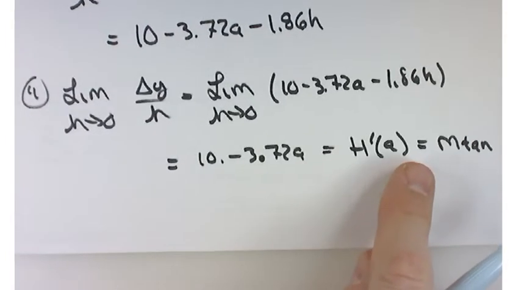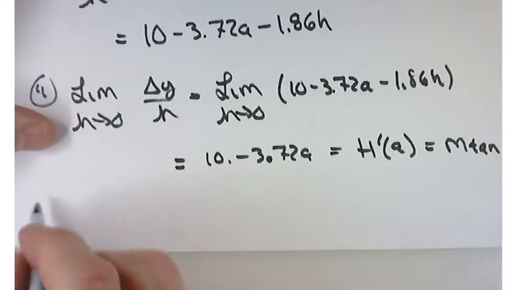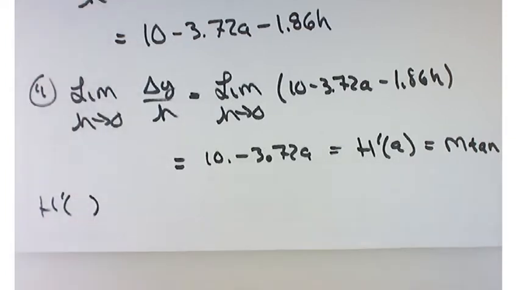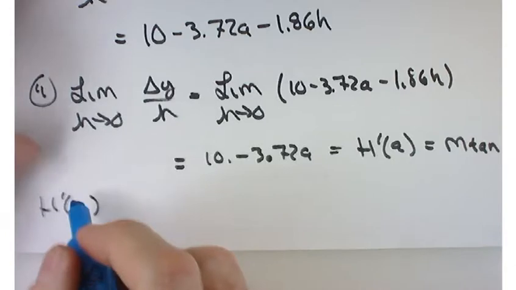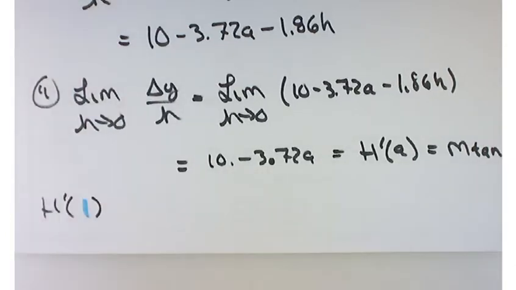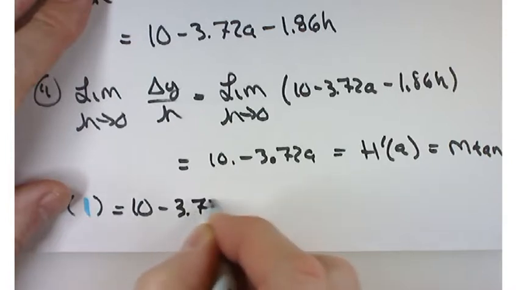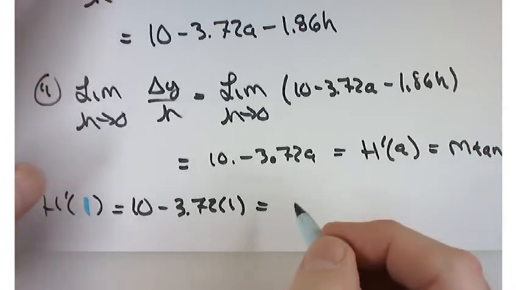Last time we ended up finding the slope of the tangent line when a equals 1. Here, that means just plugging in a equals 1. So h prime of 1 would be 10 minus 3.72 times 1, so 6.28.